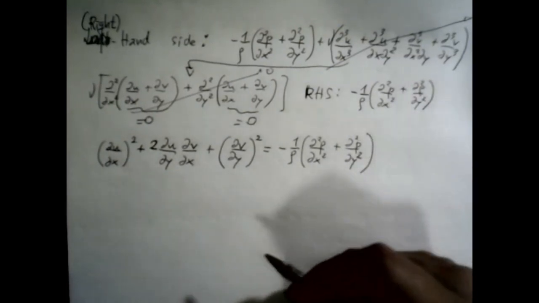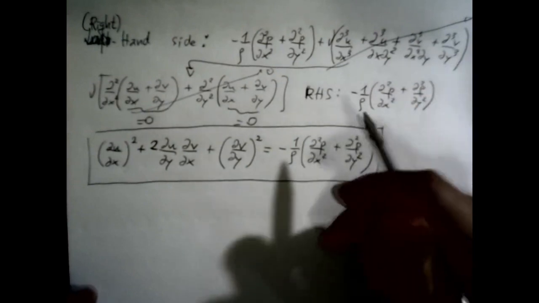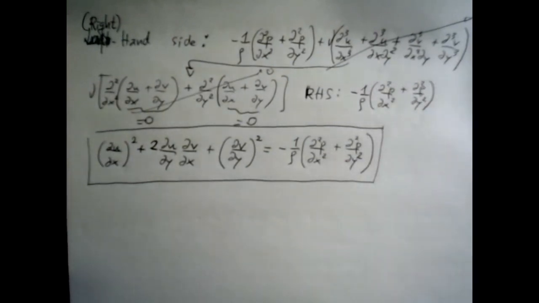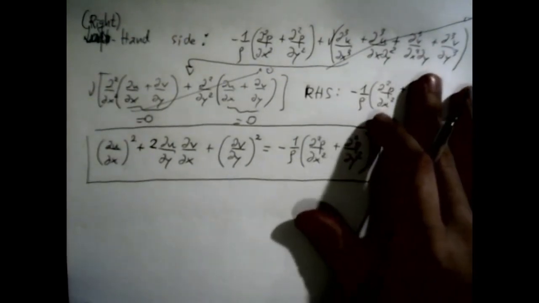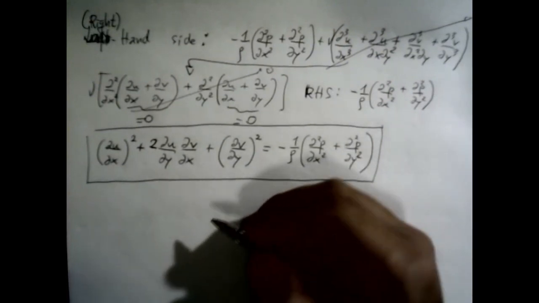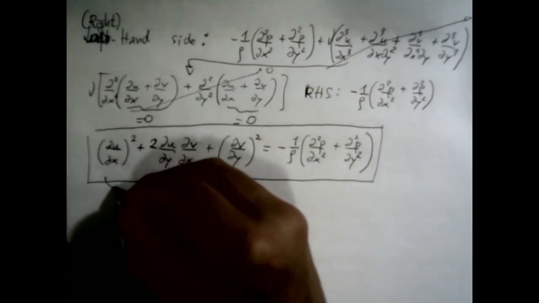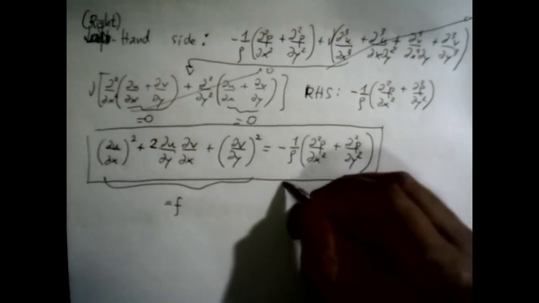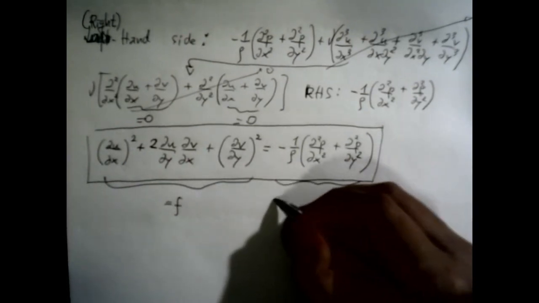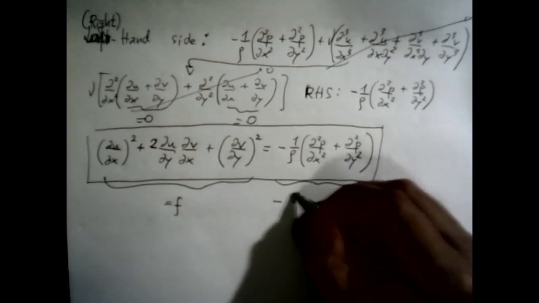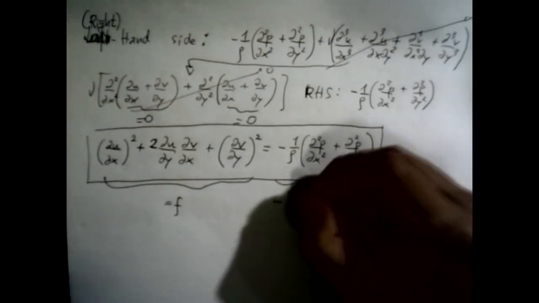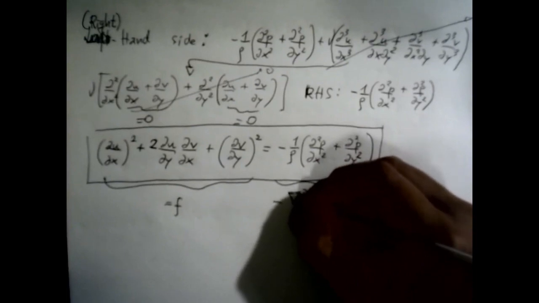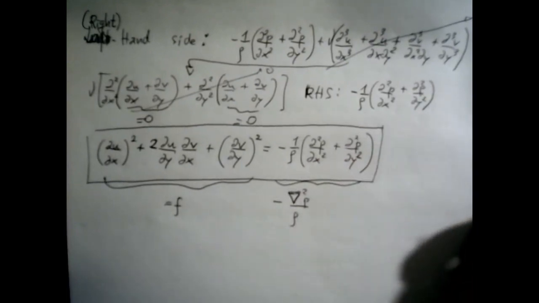As you can see now, we arrive at the Poisson equation for 2D, two-dimensional flow in Cartesian coordinates. So we can express this term here as f, and here it is equal to minus the Laplacian of p divided by rho.